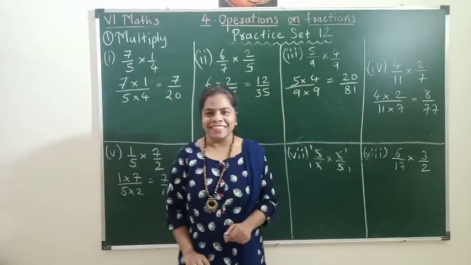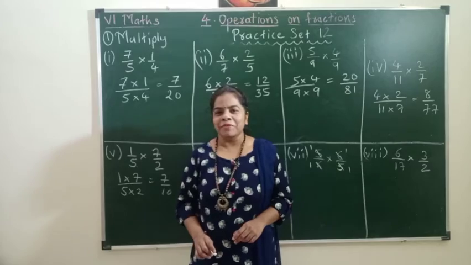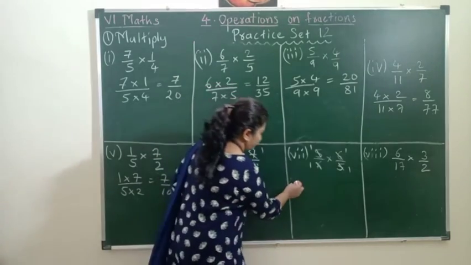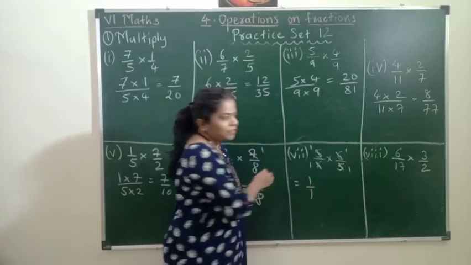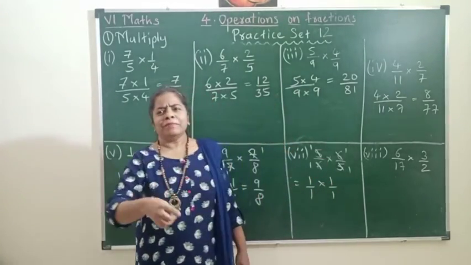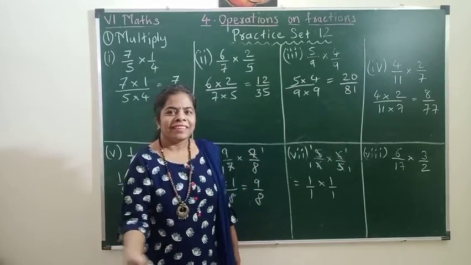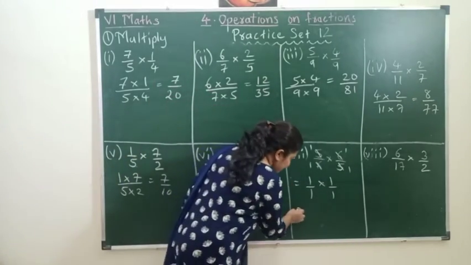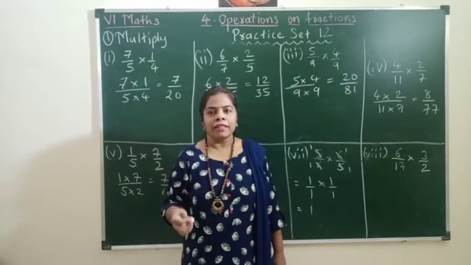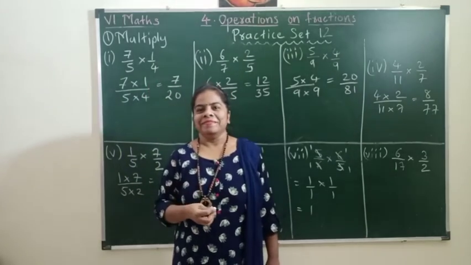Everything has become 1 1, children. So the answer is 1. See how? 1 upon 1 into 1 upon 1. Everything multiplied and divided by 1 is 1 only. Final answer, you can either write 1 upon 1 or write 1. It is going to be the same.